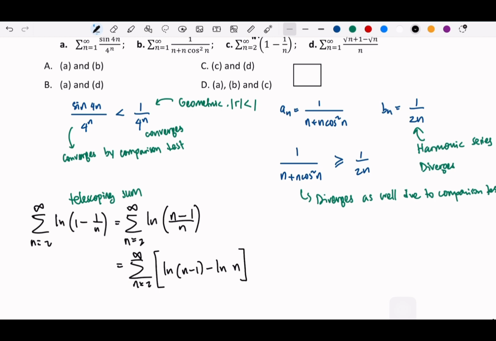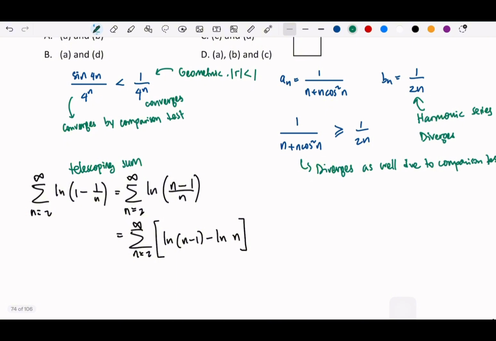Okay, so take some values for n. Starting from n equal to 1, this will be ln 1 minus ln 2. That's the first term, so this is n equal 1.